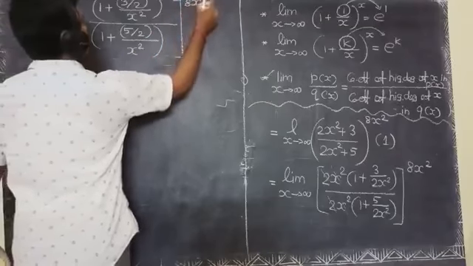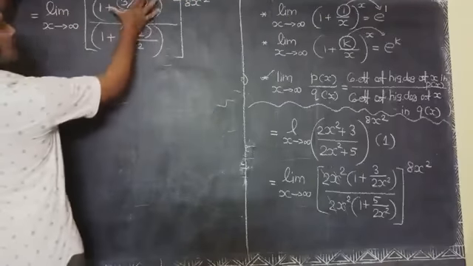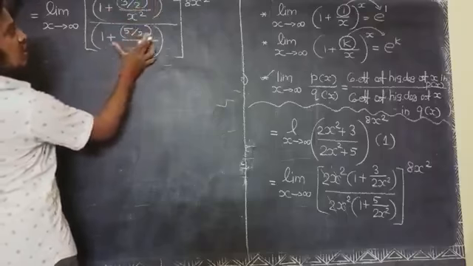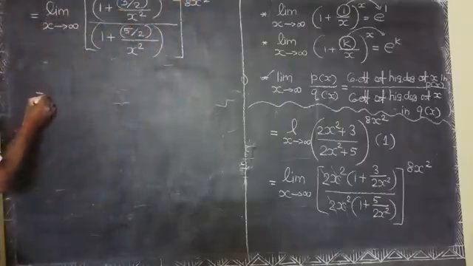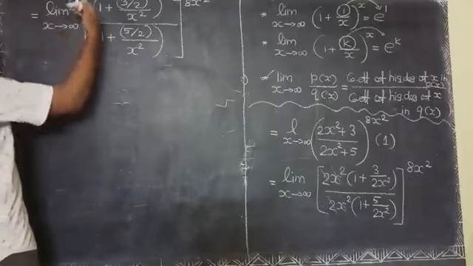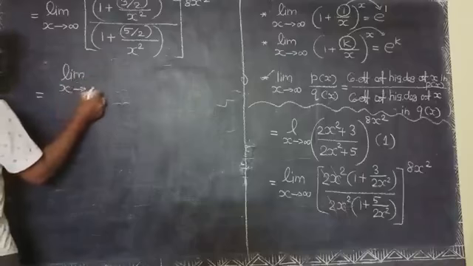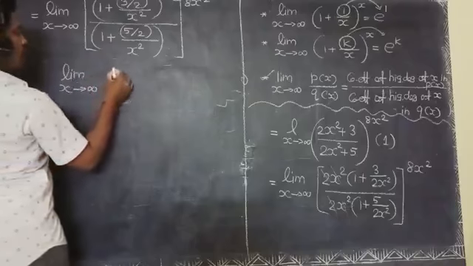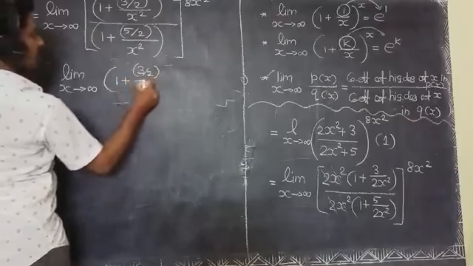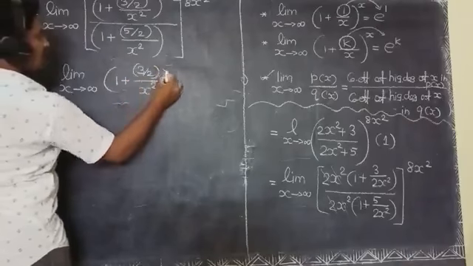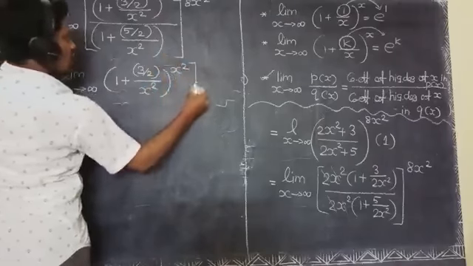Here, like p of x divided by q of x whole power some function, we can split p by q, that is limit x approaches infinity, 1 plus 3 by 2 divided by x square, whole power 8.